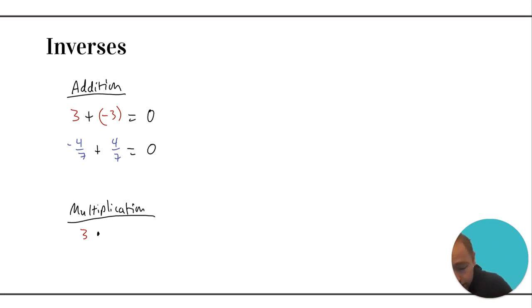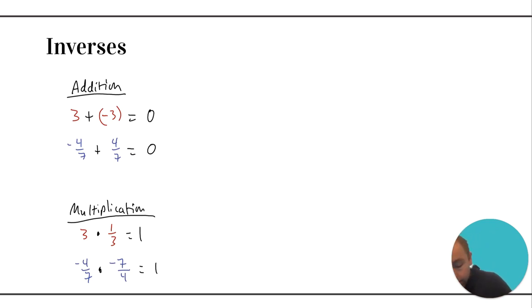So in this case, we'd have to multiply 3 with the number 1/3, and then they would cancel out and equal 1. Similarly, using my example of -4/7, it would need to be multiplied with its reciprocal of -7/4. Both of them would need to be negative because we do want to get a positive 1 answer. So doing the negative times the negative will equal that positive 1 answer, right?